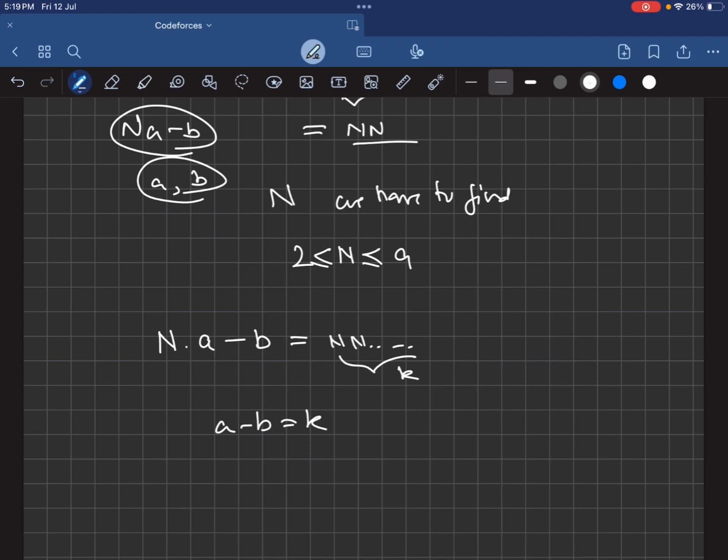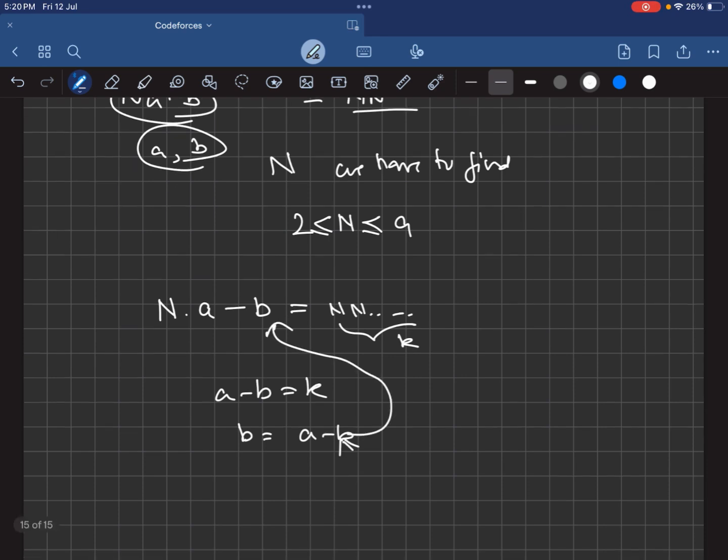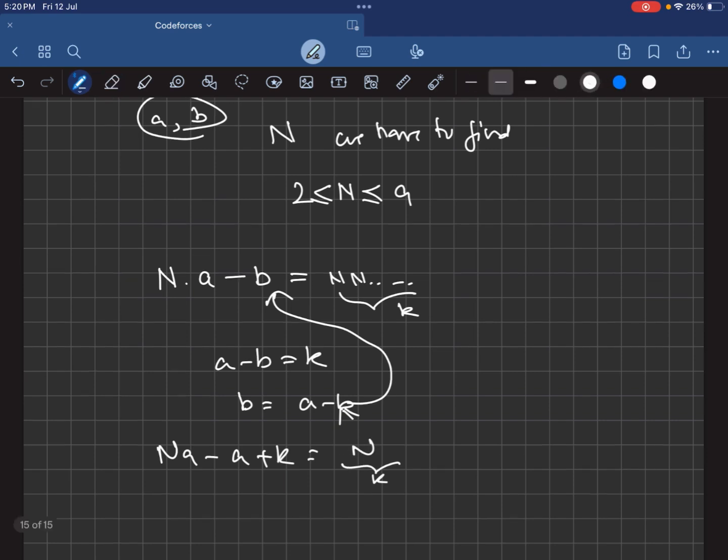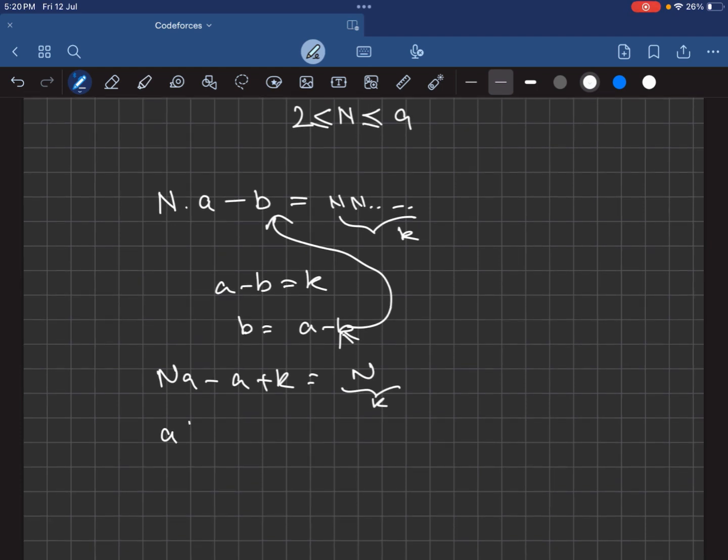Therefore b is equal to a minus k. If we substitute this in the equation, na minus a plus k is equal to k times n. Essentially, a times n minus 1 plus k is equal to k times n, and if we shift k over to this side, we get this equation.